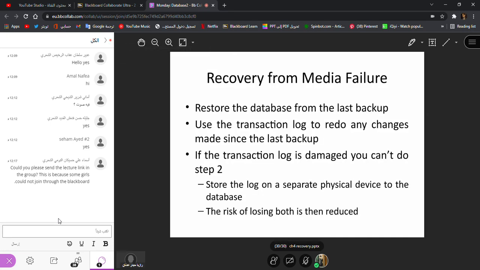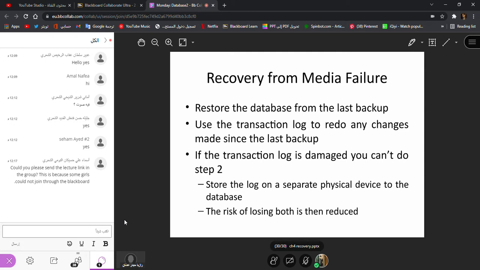And the recovery from backups after media failure: of course, when you have a media failure, you need the backups in order to recover or restore your database. So whenever there is a media failure, again I'm repeating, there is damage to your disk. That means you have lost your database and you have lost your log, everything.